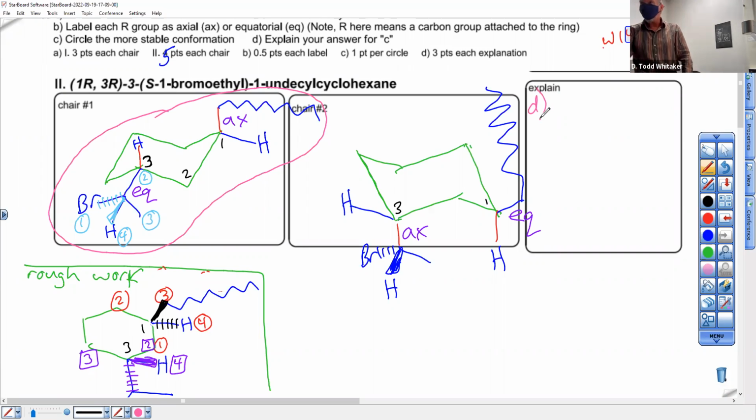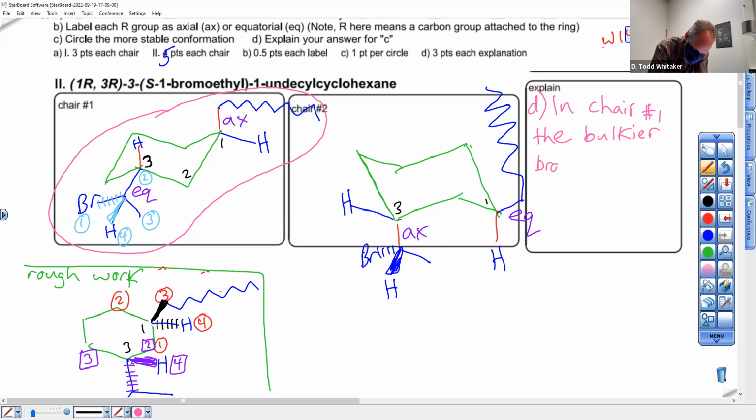Like I want to avoid one. And so in chair 1, what's the B word? The bulkier, I take bulkier, bulkier bromoethyl group.